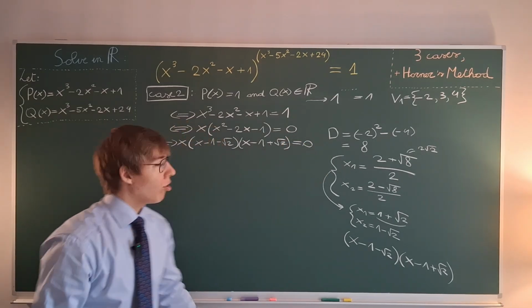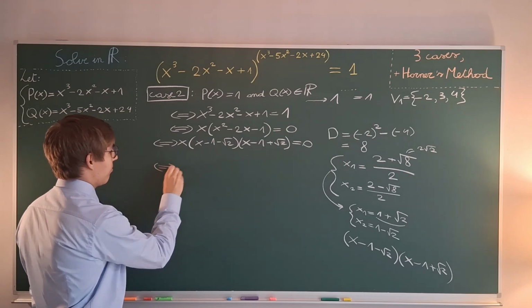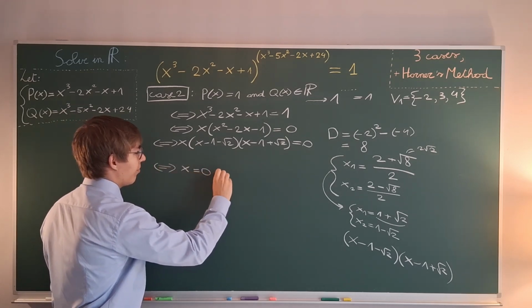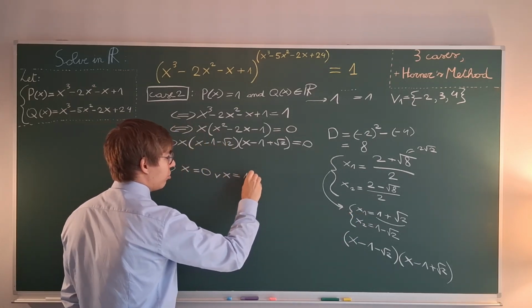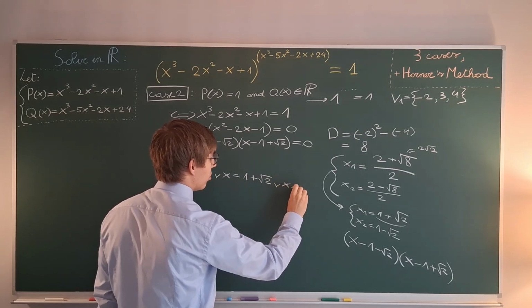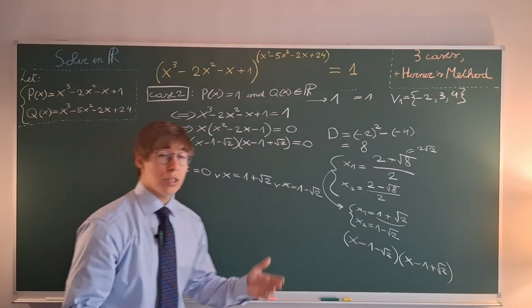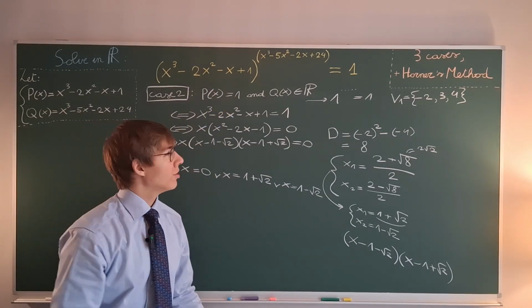And this is 0 if any of the linear terms is equal to 0. So we get that x is equal to 0, or x is equal to 1 plus root 2, or x is equal to 1 minus the root of 2. So we found 3 new distinct solutions to our equation.